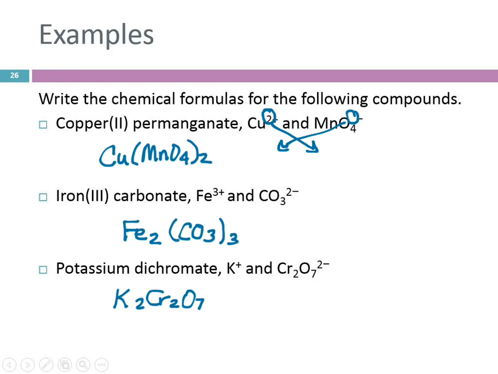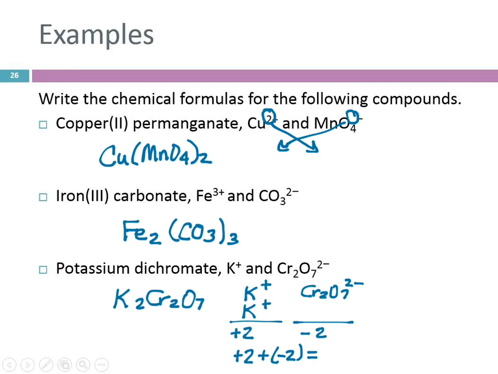Why does the plus and the minus go away? That's a good question. Well, I've got a K plus and a K plus, right? And so total charge from them is +2. And then I have Cr2O7, that has a 2 minus charge. So the overall negative charge is -2. If I add these together, it adds up to 0.